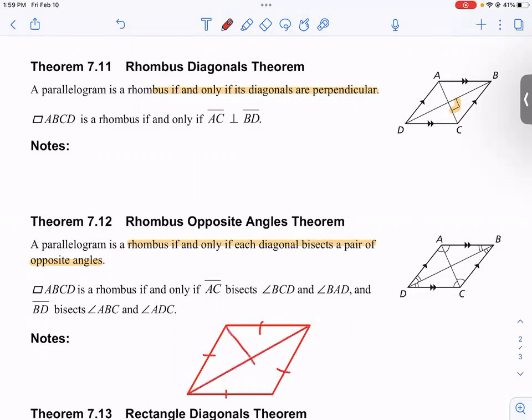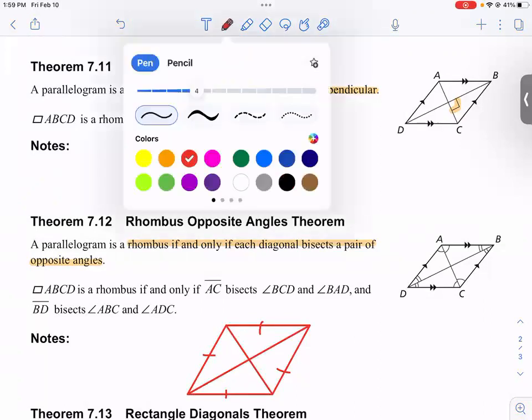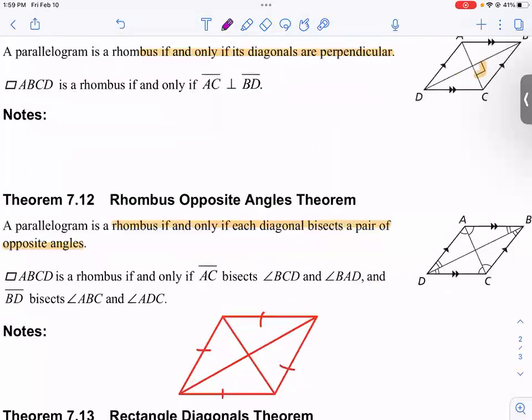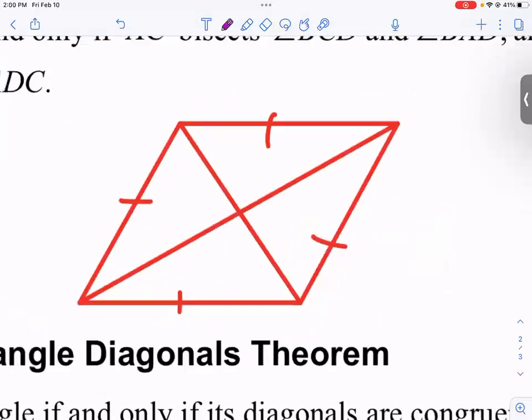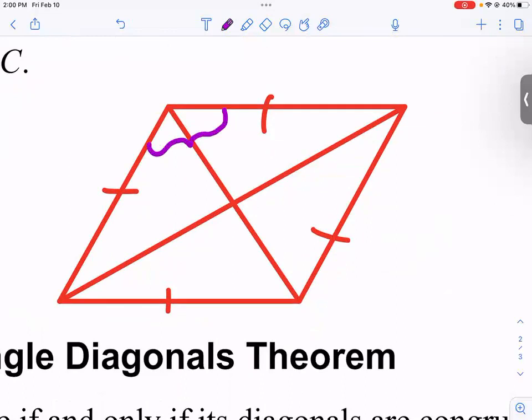Okay, so if this whole angle is 110 degrees, then so is this one, but these two would get split equally, 55 and 55.